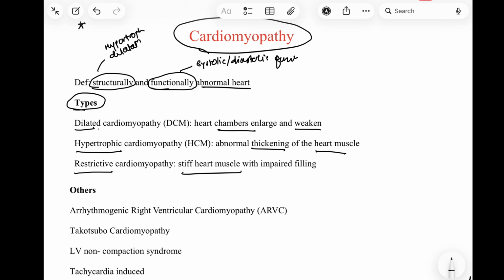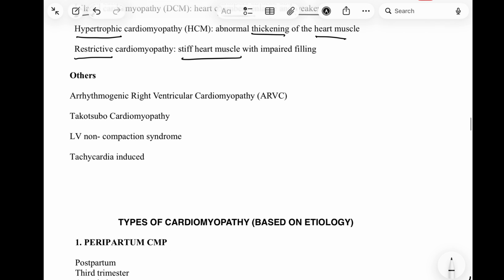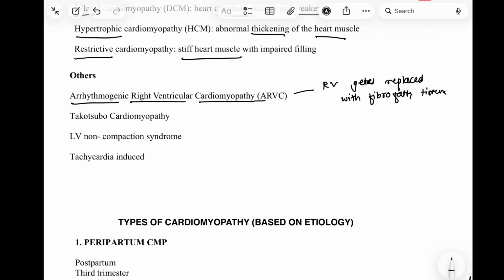So this is the usual classification of cardiomyopathy, but there are a few other cardiomyopathies that exist and we must know them as well. Those are arrhythmogenic right ventricular cardiomyopathy. In this, the right ventricle gets replaced with fibrofatty tissue. This replacement results in decreased cardiac output, and that's why we get systolic and diastolic symptoms.